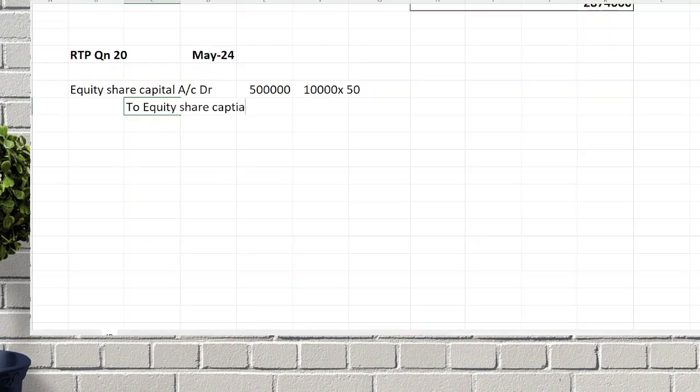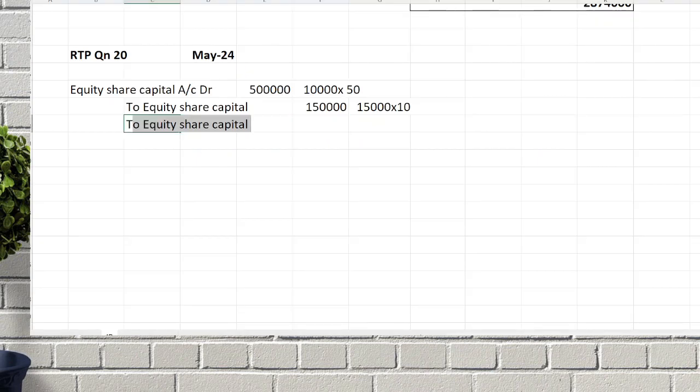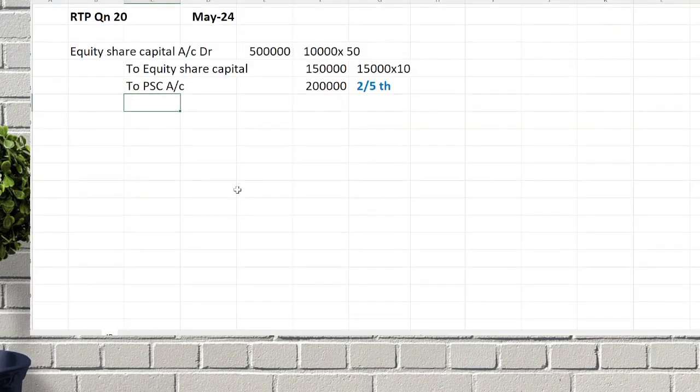Equity share capital. How many shares are we giving? 15,000 into 10, 1,50,000. Preference shares, 2/5 of the equity shares, this into 2 by 5. Then we are paying it in cash. Balance will go to capital reduction.